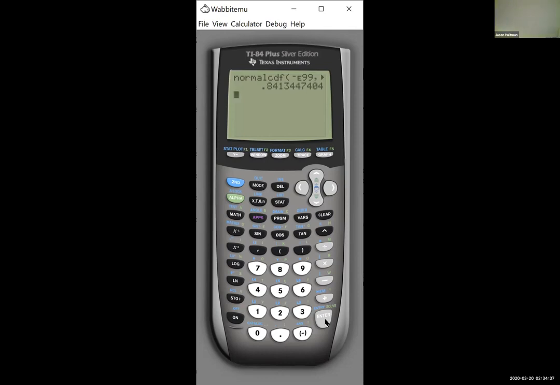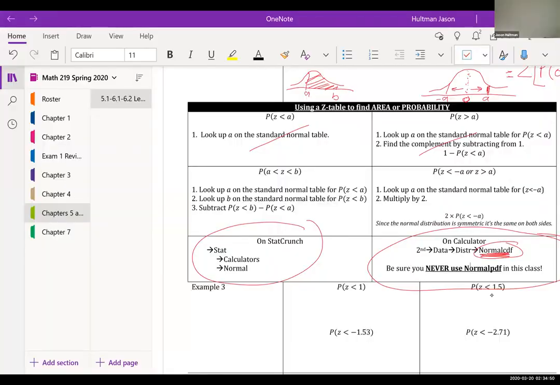Okay. For z is less than 1, this is 84.13. So if I were to go to here on my notes, okay, so z is less than 1 on my calculator, it was 0.8413.